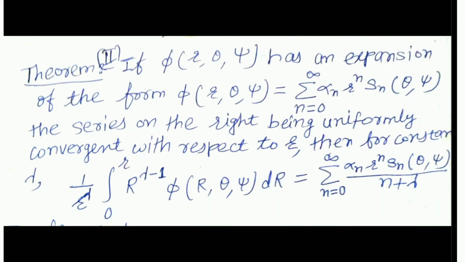So we have φ(r, θ, ψ) = Σ (n=0 to ∞) αn r^n Sn(θ, ψ). We have this.